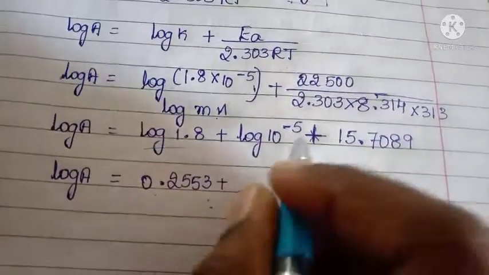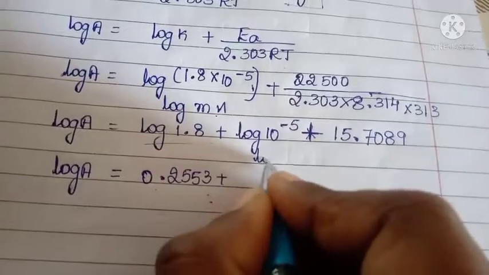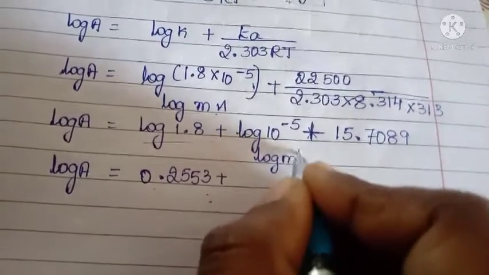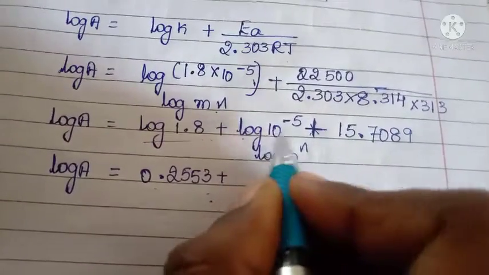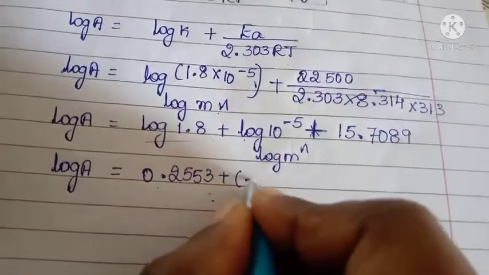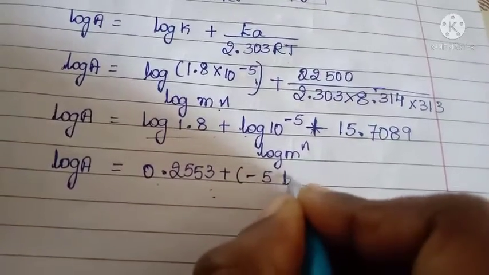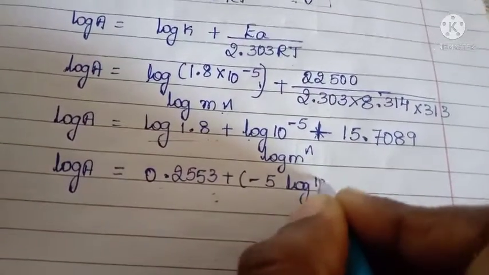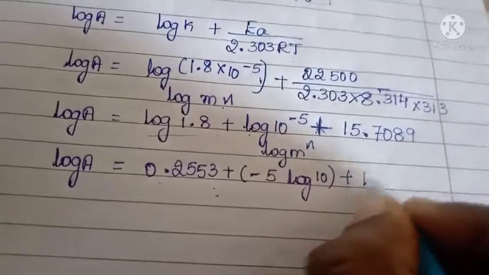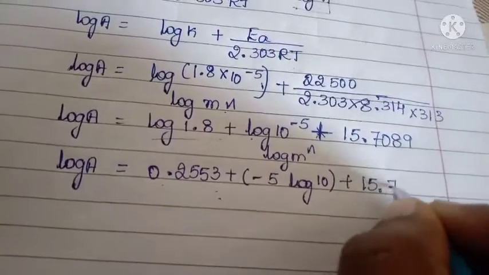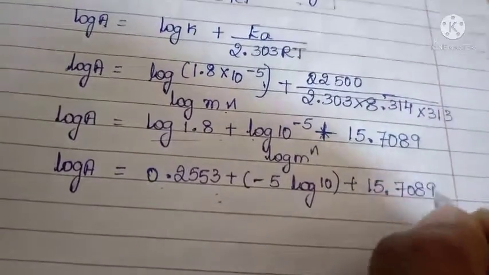plus this will be log m to the power of n, that is n log m. So minus 5 log 10 plus 15.7089.